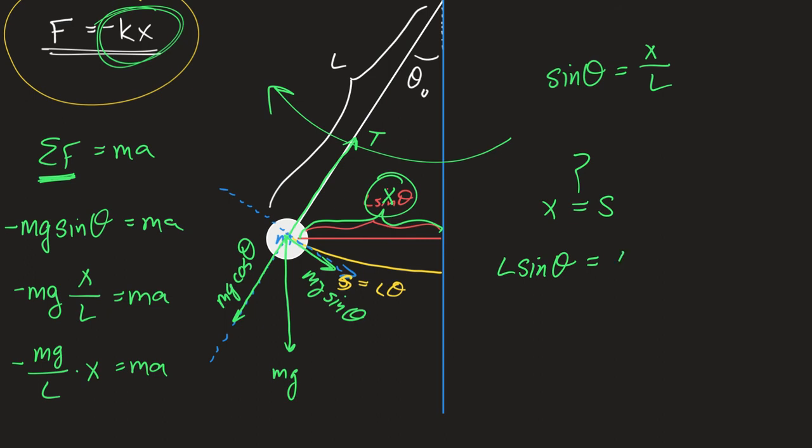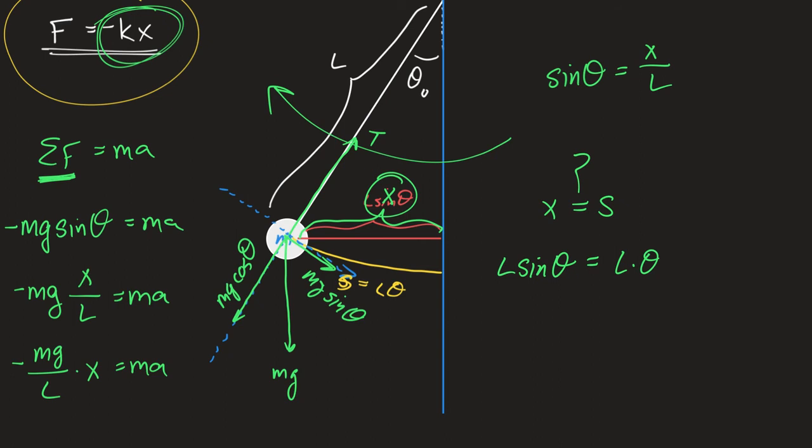S is L times theta. This brings up the small angle theorem. It's not a theorem, but I don't know why they even say the word theorem in your textbook, which bugs me. It should be called the small angle approximation.